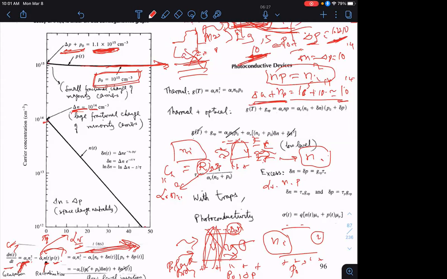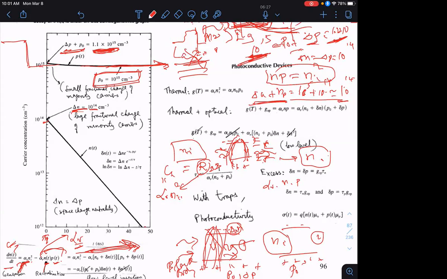Because the generation and recombination rates due to black body radiation, the difference of those is 0. The generation rate equals the recombination rate. But now I'm looking at the laser light that was shining, and then at time t equal to 0, I've turned off the light, right?